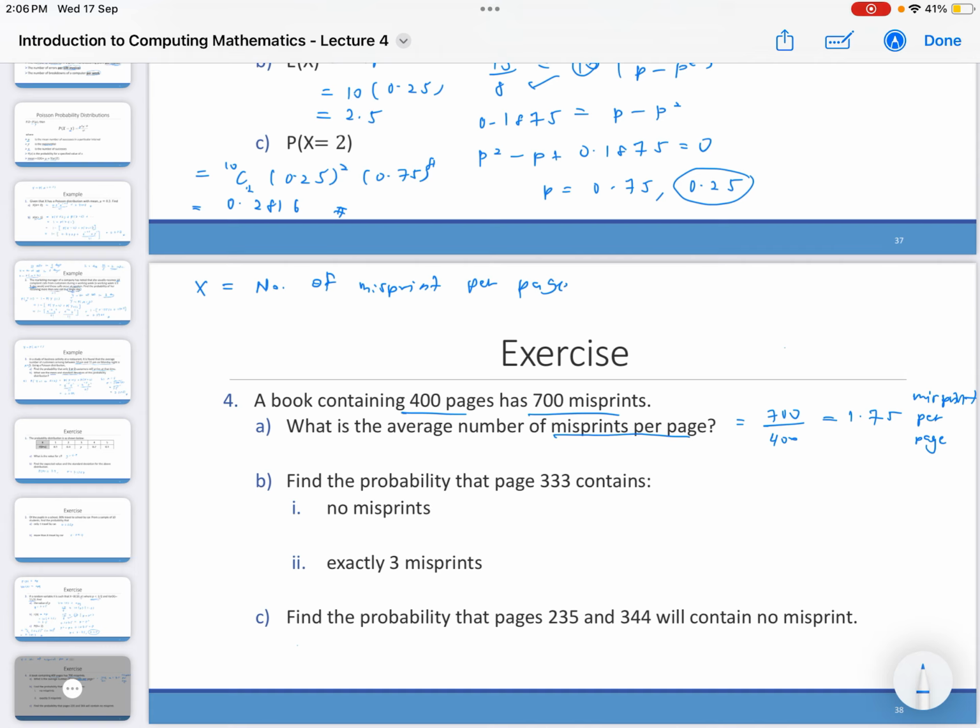And we know the average per page is 1.75. So we can say x is Poisson distribution with mean equals 1.75. We want to find the probability that page 333 contains no misprint. Page 333 is only one page, so we want to find the probability of x equals 0.